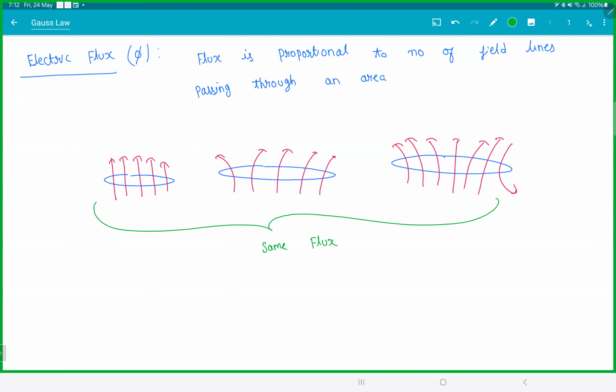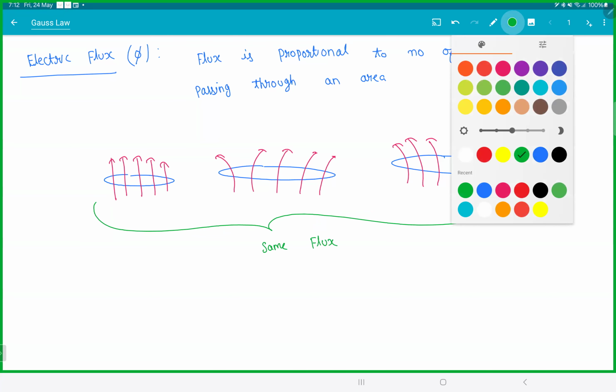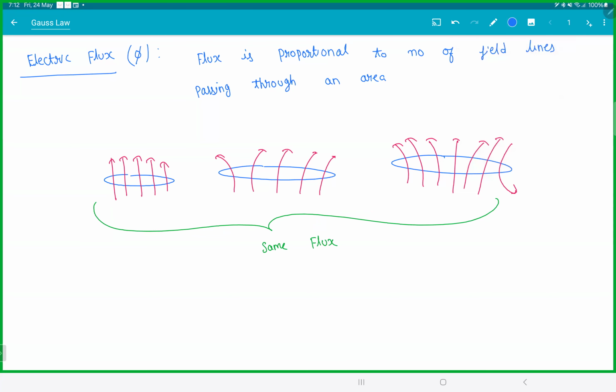Now, if you try to put it in a mathematical form, the flux is given by integral E bar dot dA bar. E bar is the electric field. A bar is the area vector.